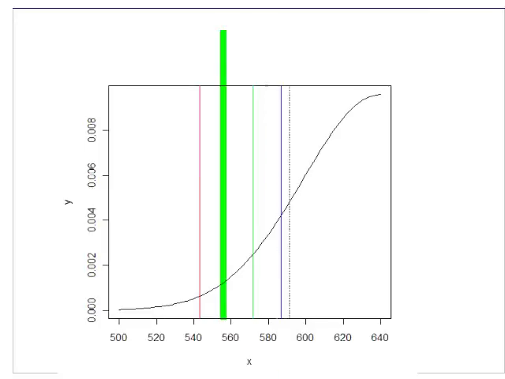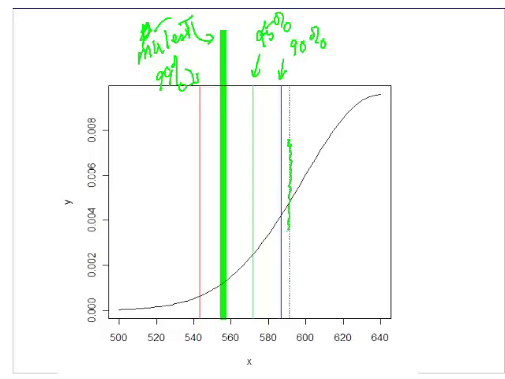Say this was the mu for the test. And here's a critical value for a 90% confidence level. Here's a critical value for 95%. And here's a critical value for 99%. I'm just trying to show a different case.